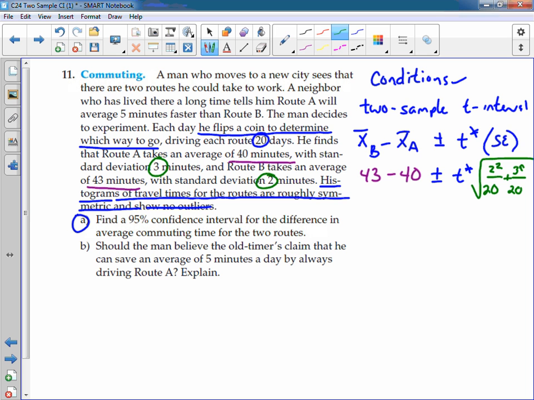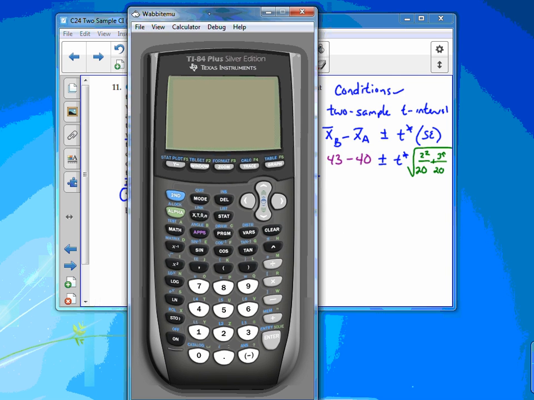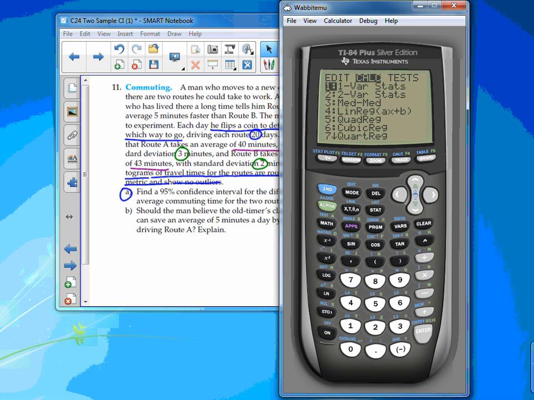At this point, this is where we have to use our calculators, okay? So here's my calculator. You will go to stat test. I have a bunch of intervals and tests in here. We're doing a two sample T interval.